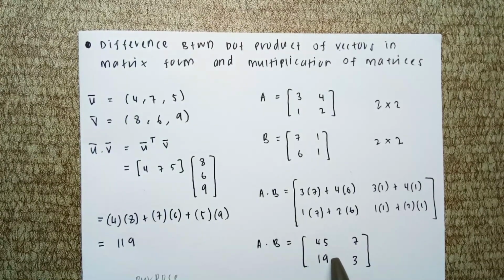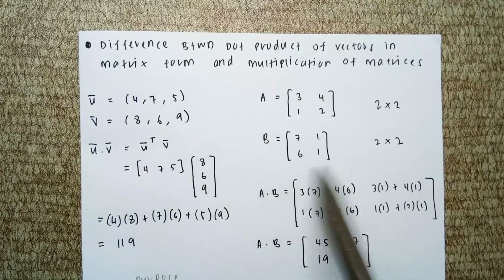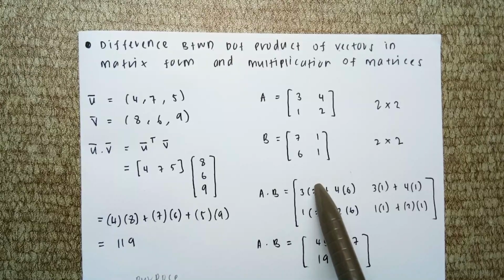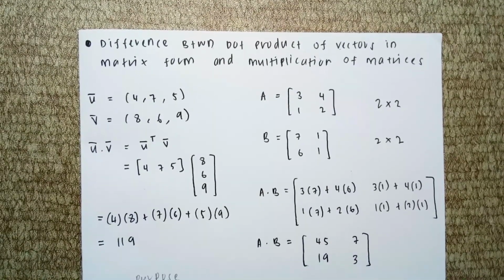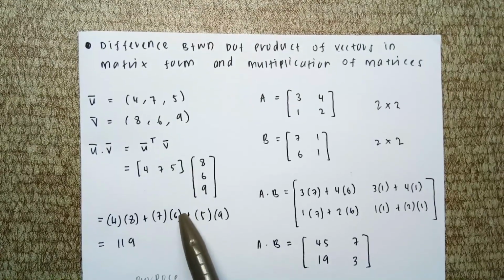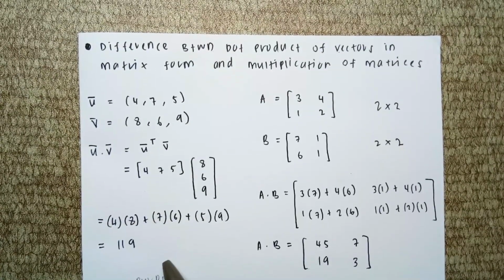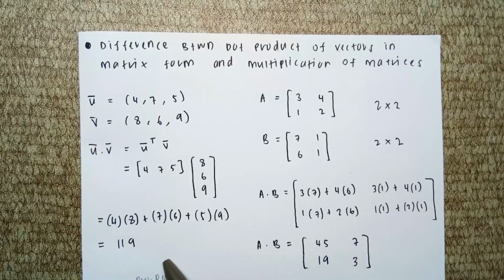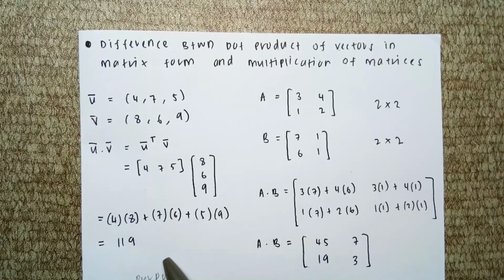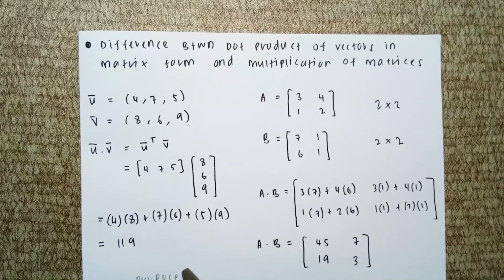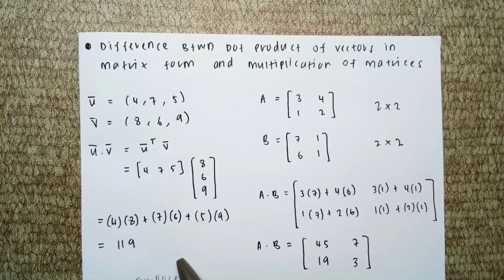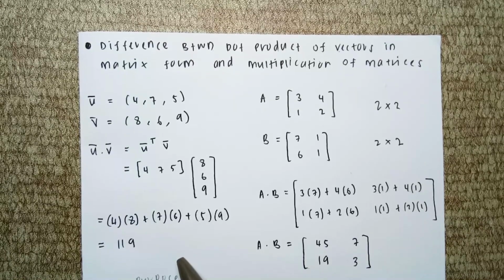So as we can see here, there are a few differences between these two operations. The first difference that we can see is, what is the purpose of each operation? For the first one, the purpose of getting the dot product of vectors in matrix form is to find the angles, and we also can use this to find the distance or length of the vectors.